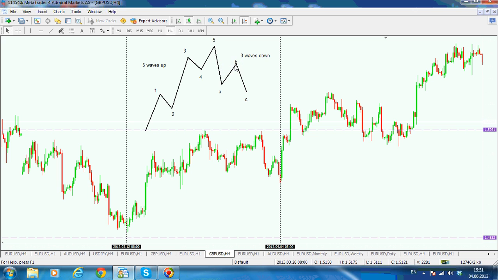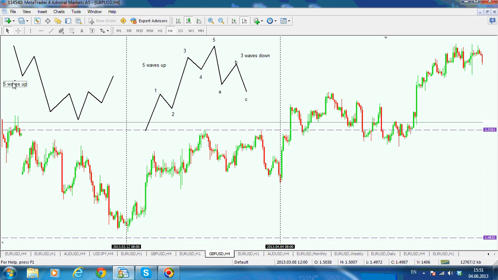In a downtrend you have 5 waves down corrected with 3 waves up, and that should translate in something like this. For the first wave, and the second, and the third wave, and the 4th wave, and the 5th wave, and then corrected with an A, and the B, and the C. And this is 5 waves.